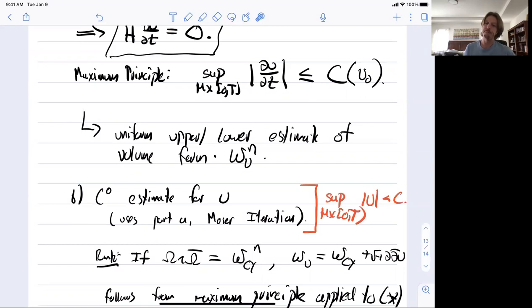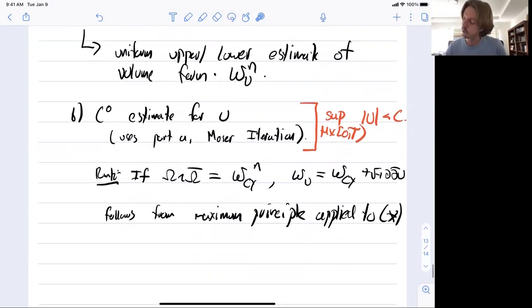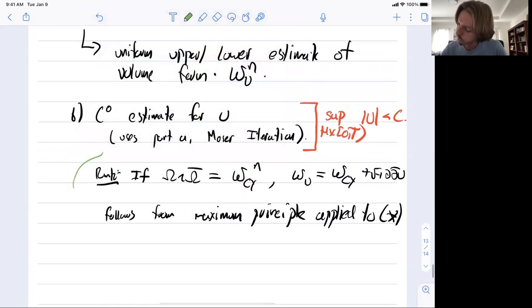So maybe I could write down the initial stage of it. You can get an L2 estimate for u in terms of an L1 estimate, using that you have control over the volume form of u. I guess there are sort of two crucial ideas at the bottom of it. It's using the Sobolev inequality, and it's using control of the volume form.